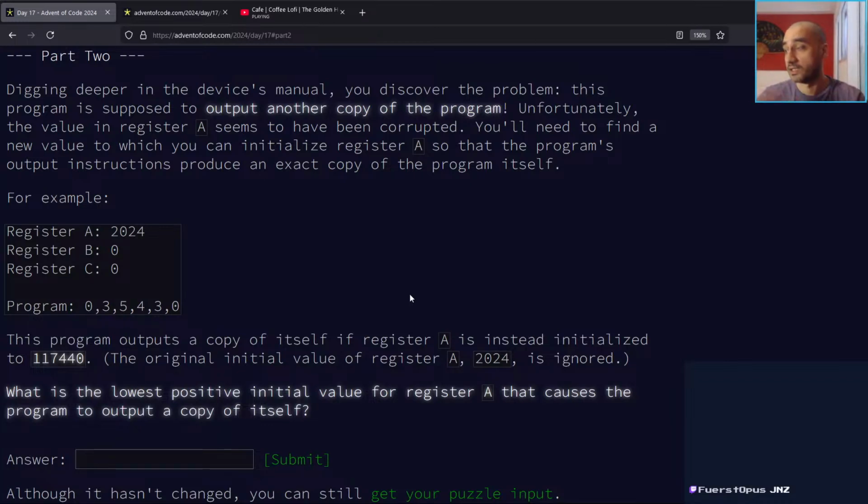Ooh, okay. What is the lowest positive initial value for register A that causes the program to output a copy of itself?